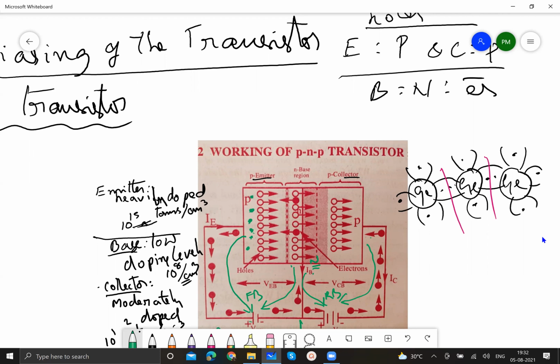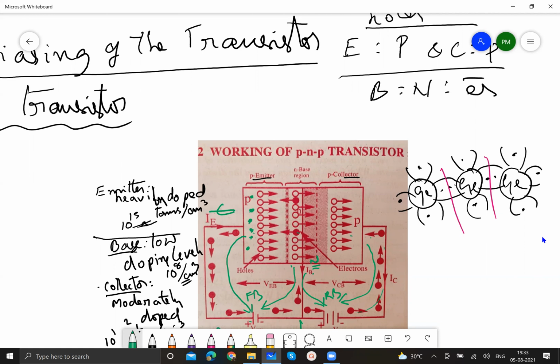And here you have a positive terminal. So all these electrons are pulled out of this emitter to start flowing in the circuit. And at this junction, few of the electrons will go into the base. Leftover electrons are pulled by the collector because these holes will diffuse through the base and enter into the collector.